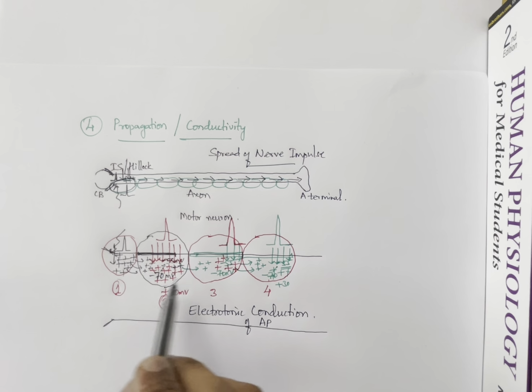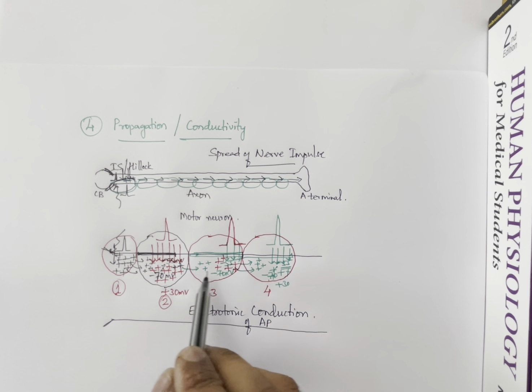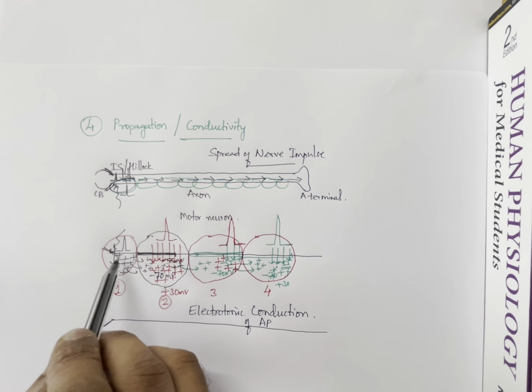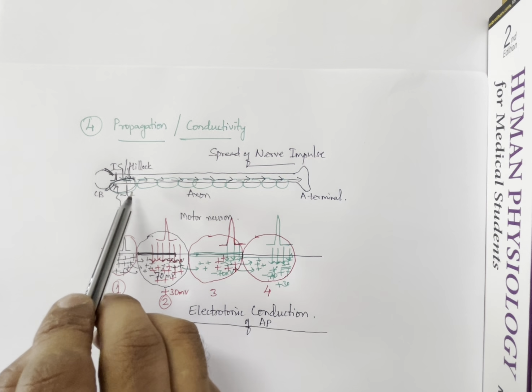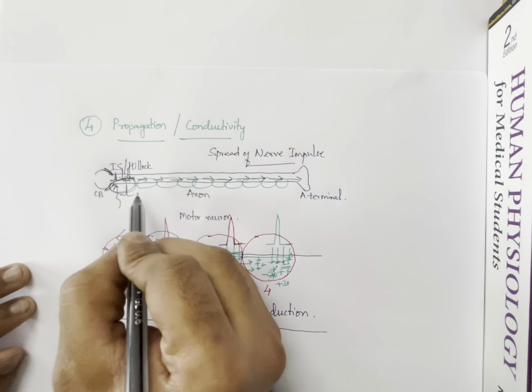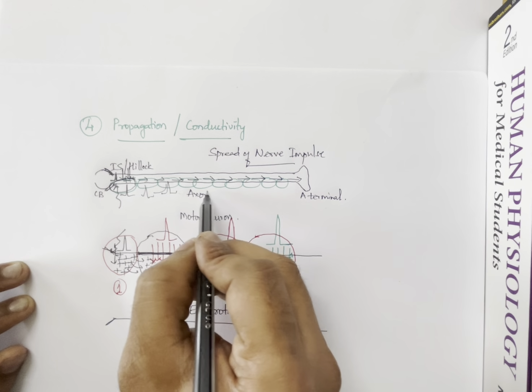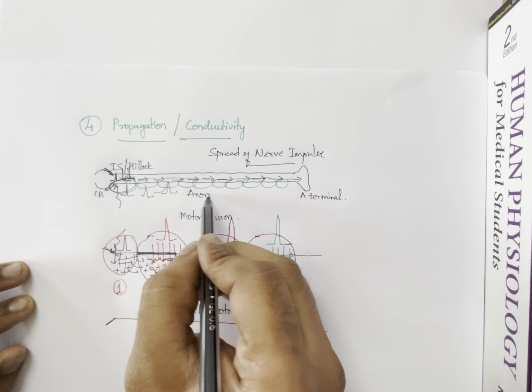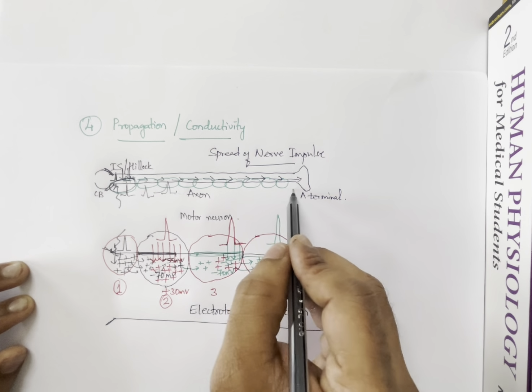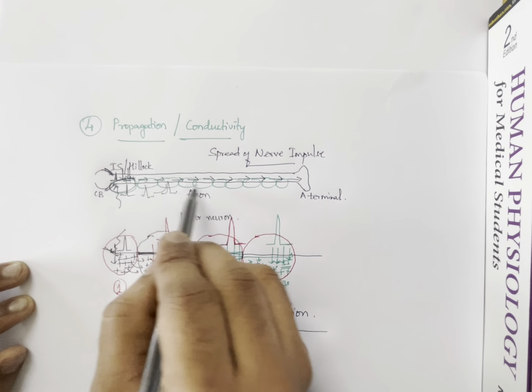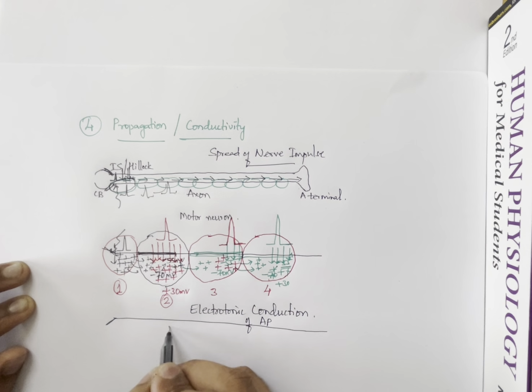And the velocity of conduction here is slow. The action potential which was generated in one place slowly creates an action potential in the next place, slowly creates an action potential in the next place, slowly the nerve action potential propagates from one region to the other region. The signals are propagating from one region to the next slowly. So the velocity of conduction here is slow.